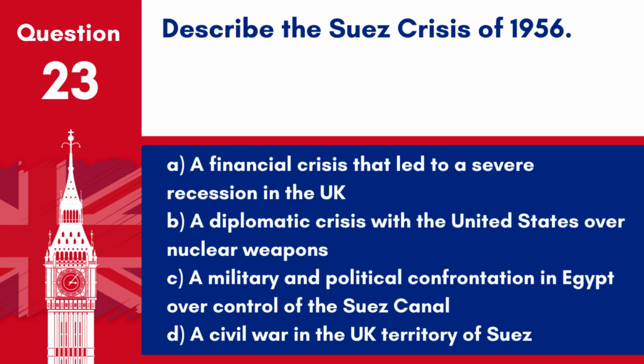Question 23. Describe the Suez Crisis of 1956. A. A financial crisis that led to a severe recession in the UK. B. A diplomatic crisis with the United States over nuclear weapons. C. A military and political confrontation in Egypt over control of the Suez Canal.